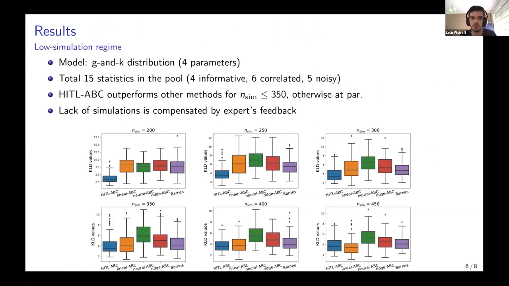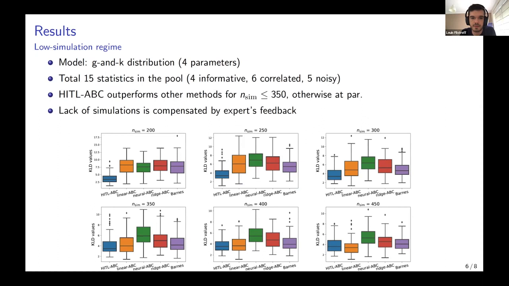And now I'm going to describe some results briefly. So these are the results in this low simulation regime. We study this model called the GNK model, which has 4 parameters to infer, and we have constructed a pool of 15 statistics, but only 4 out of these 15 are informative.